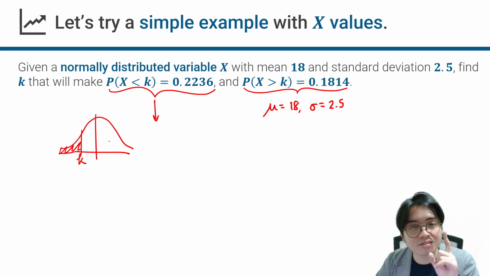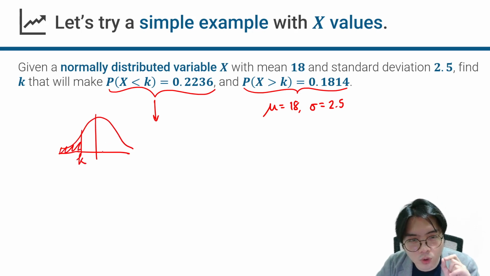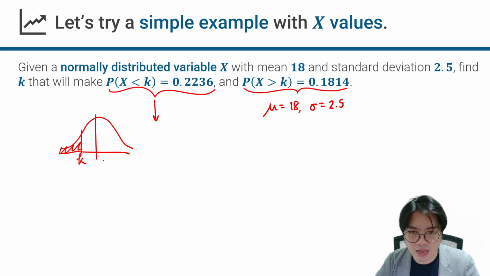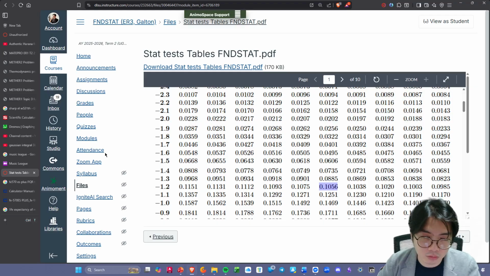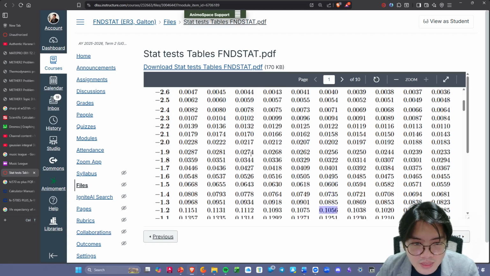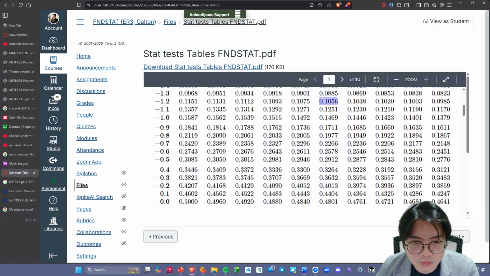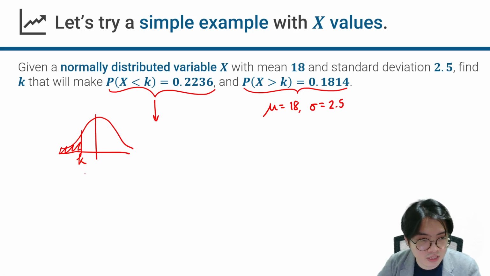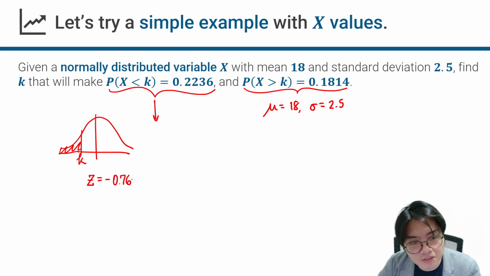But notice that in this case, we are drawing in here x values. What the table suggests are z values. So let's just go and get that first. 0.2236, there it is. That is going to be negative 0.76. Note that in this case, your z value is negative 0.76.